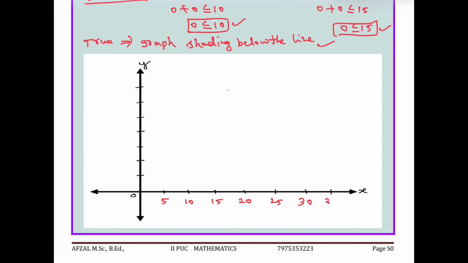Differentiate with respect to x. y1 equals a into cos differentiation, which is minus sin of log x, log x differentiation is 1 by x, plus b into sin differentiation, which is cos of log x, log x differentiation is 1 by x.